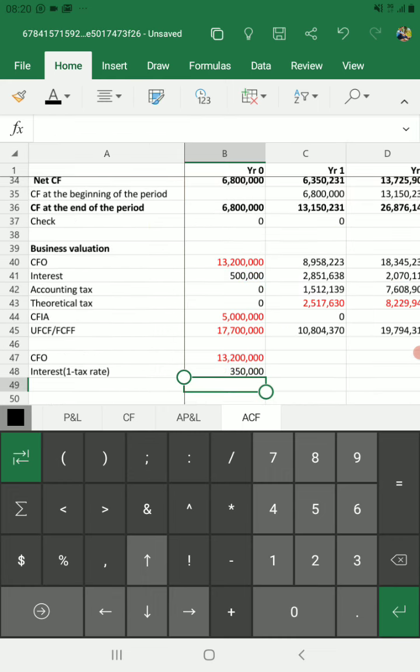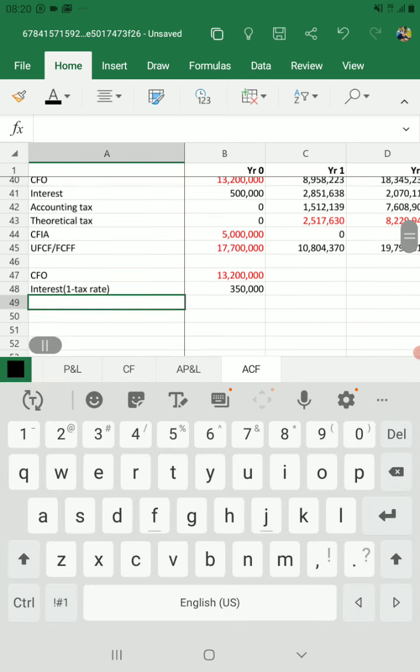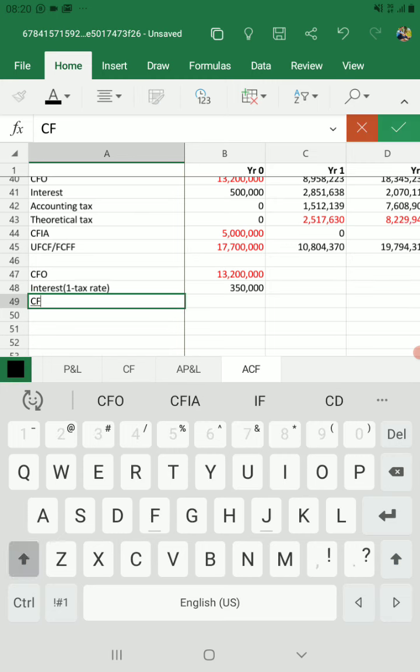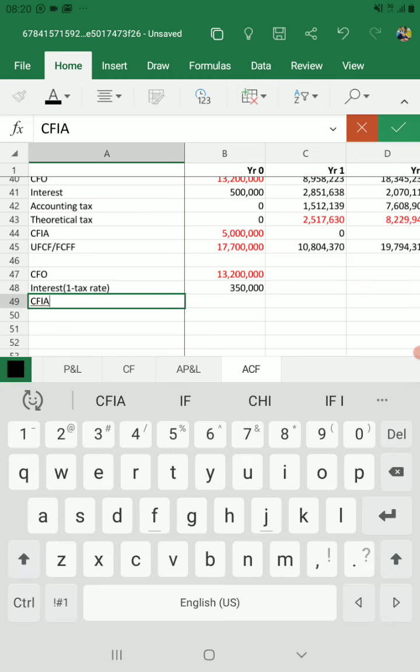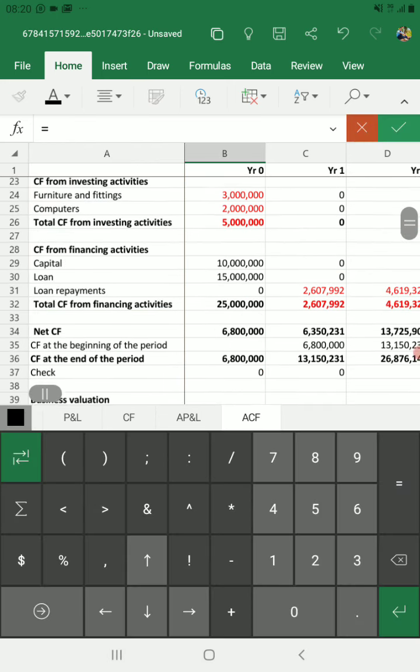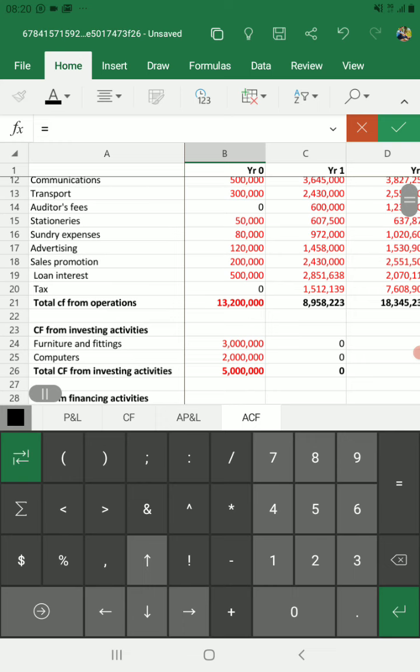Press enter. So we have added back interest, and then we remove cash flow from investing activities, CFIA, which is put equal sign and pick the figure here, total cash flow from investing activities, this one.